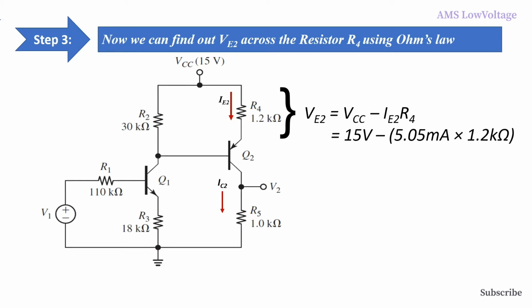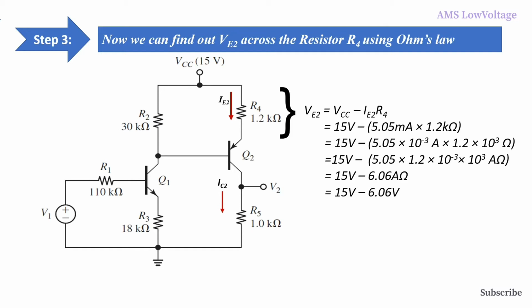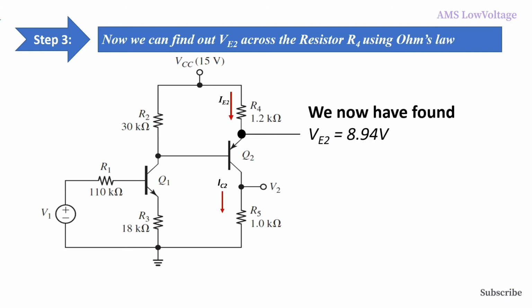We put the values in. We see in this circuit diagram VCC equals 15 volt, IE2 we already got from the previous equation, and R4 is already in this circuit diagram. So we put these values in this equation and we found VE2 equals 8.94 volt.